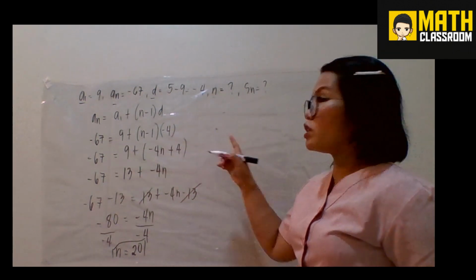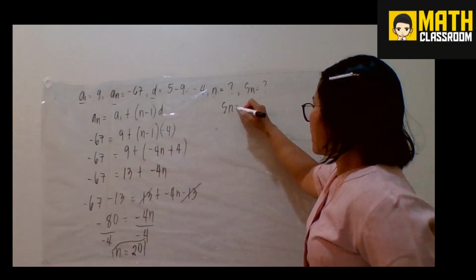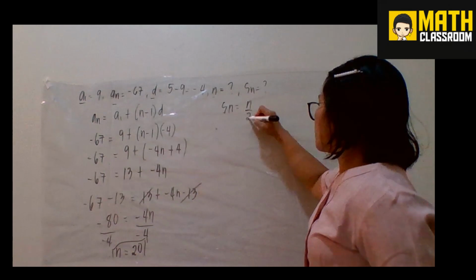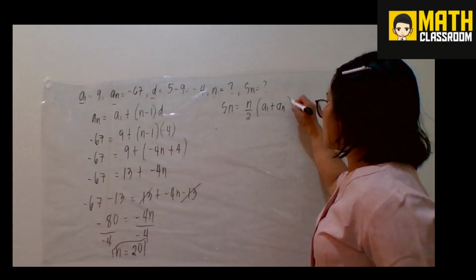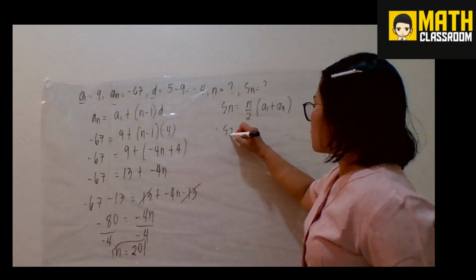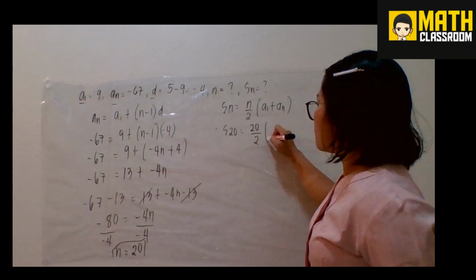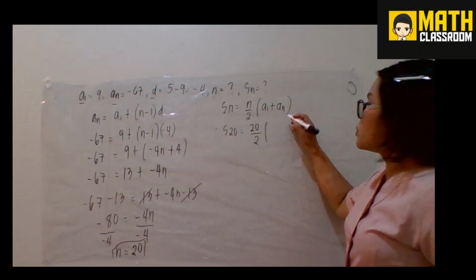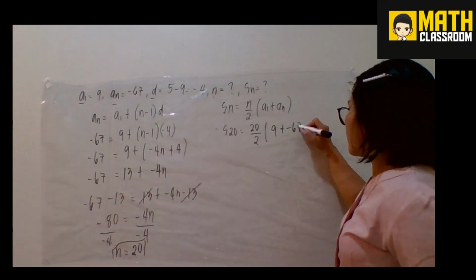So can we now proceed to the sum of the terms? Yes. Using our formula, S sub n is equal now to n divided by 2 multiplied to the sum of the first term and the last term. We could have it as the sum of the 20 terms is equal now to 20 divided by 2 multiplied to the sum of 9 and negative 67.